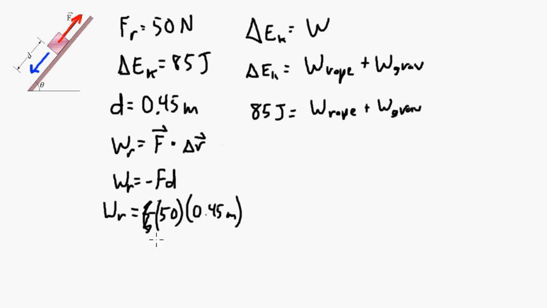And so the work done by the rope, or by the guy pulling the rope, is going to be negative 22.5 joules.